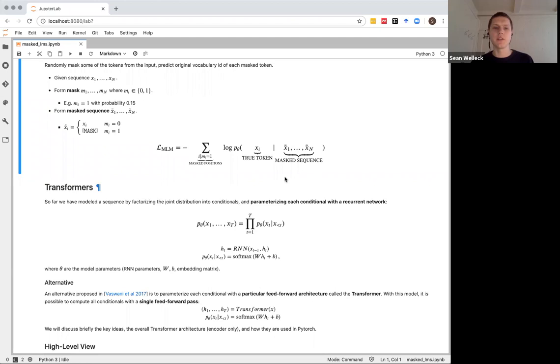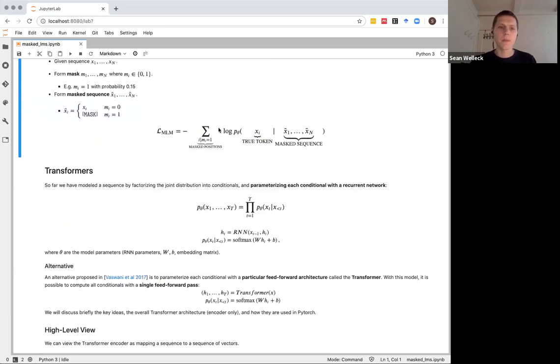So when you think about this in terms of a network, and we'll see this below, you could think about giving this masked sequence as input to the network, and then looking at the positions that correspond to masked positions and seeing what is the probability of the true token in that position. So that's how you can form a loss function for this masked language modeling. Okay, so we'll see this concretely below.